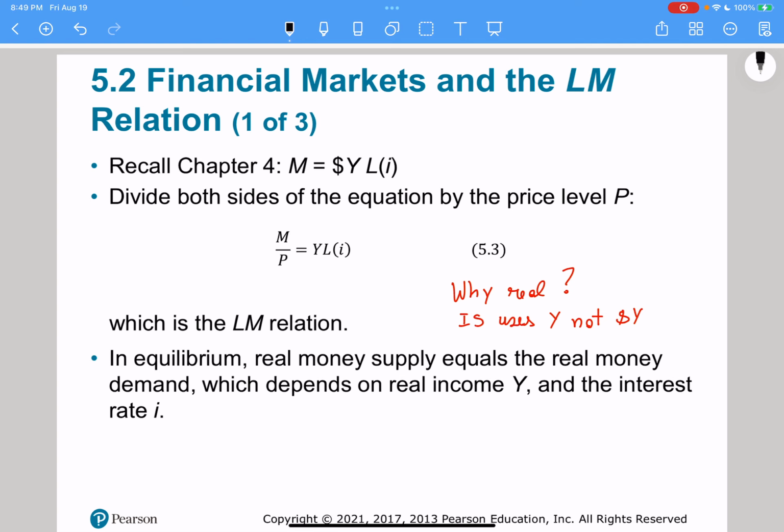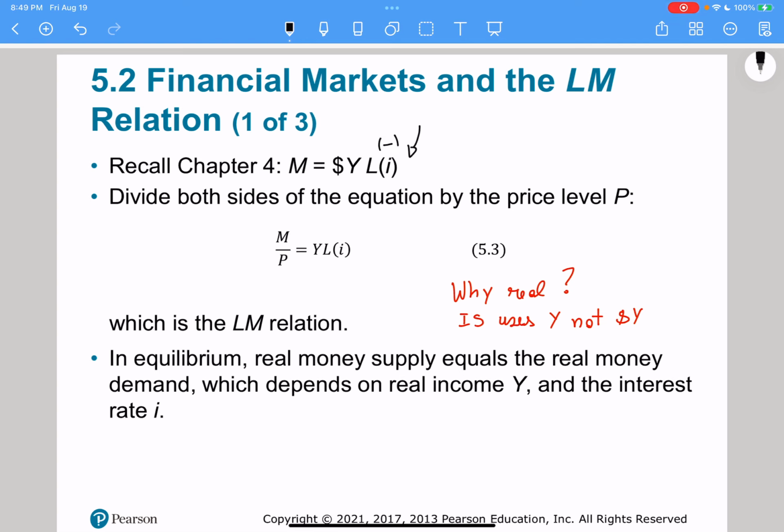What is the LM relation? Well, we start with the financial markets, and we start with this equation here. M equals the monetary sign Y, which together mean the money income, right? It's a nominal variable, multiplying the L function, which is a negative function of the interest rate.